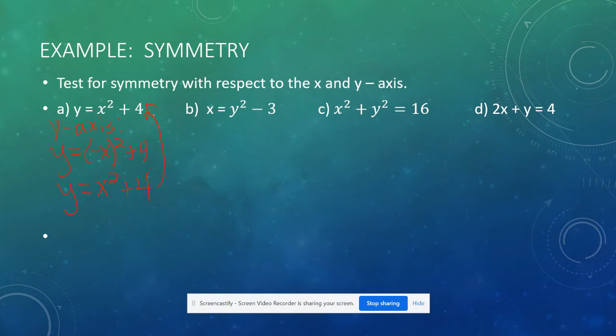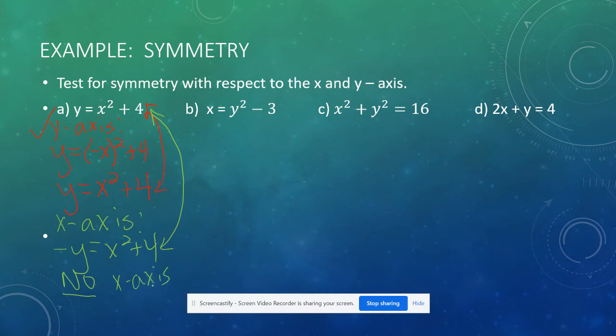And because these two are exactly the same, then we do have y-axis symmetry. For x-axis symmetry, we make the y negative. I have no simplifying to do, and when I compare it there to the parent function, they are not the same. So no x-axis symmetry.